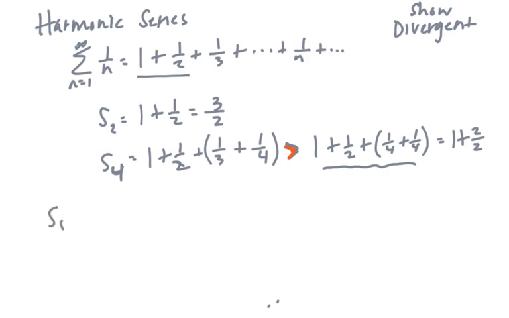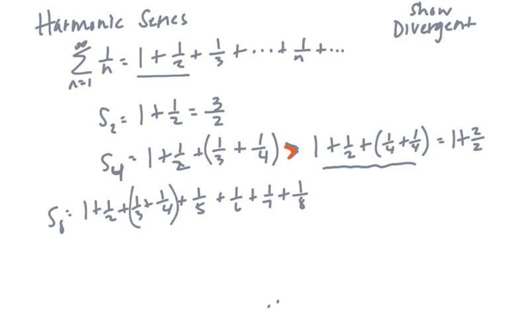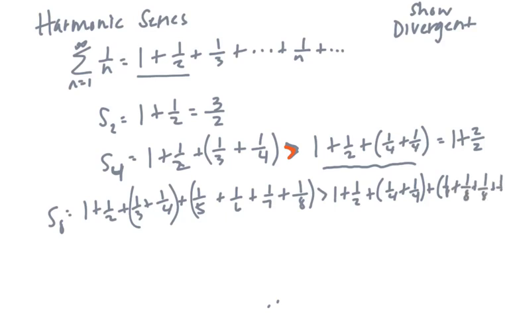So think about S sub 8. It equals 1 plus 1 half plus 1/3 plus 1/4 plus 1/5 plus 1/6 plus 1/7 plus 1/8. We're going to do a similar technique. Here we have those two, and then we can put eighths in here. So we're going to say this is greater than 1 plus 1 half plus 1/4 plus 1/4 plus 1/8 plus 1/8 plus 1/8 plus 1/8.